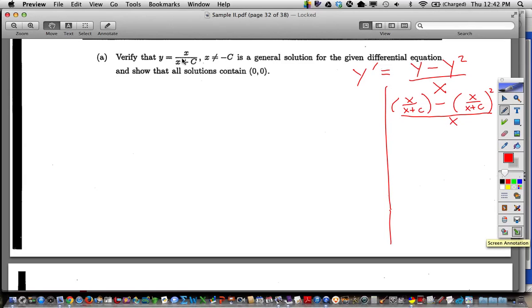Take the derivative of this over here. So we're going to do a quotient rule. The derivative of the top is 1. Leave the x plus c alone. Minus the top times the derivative of the bottom, which is 1. All over the bottom squared.